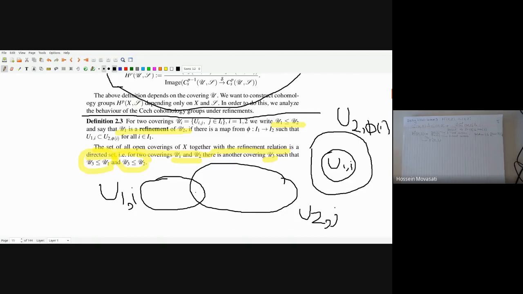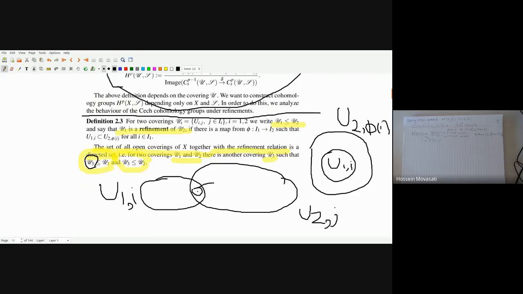Any point of the space X will be in some U1 I, and it will be in some U2 J, and then I take a small open set which is in both U1 I and U2 J, and I construct the U3 covering starting from this.